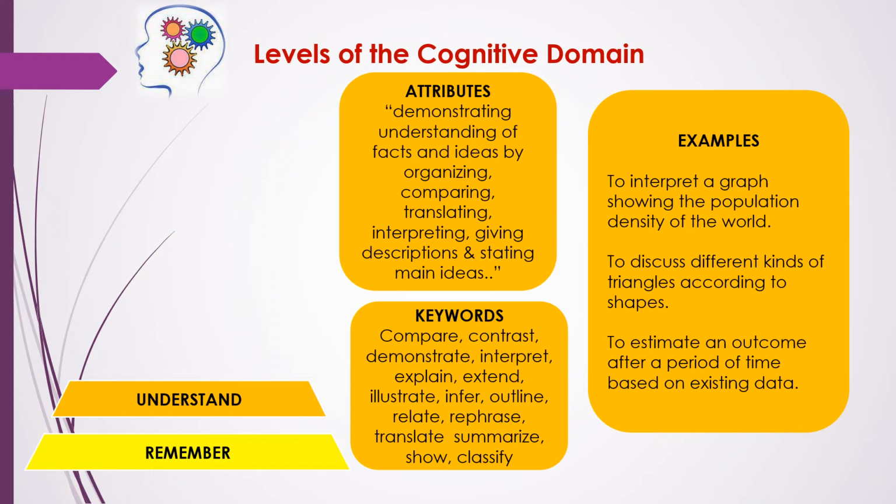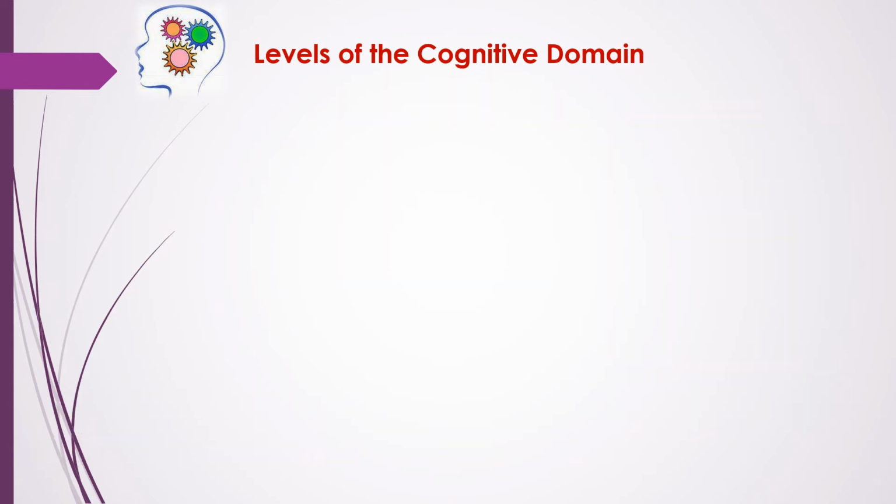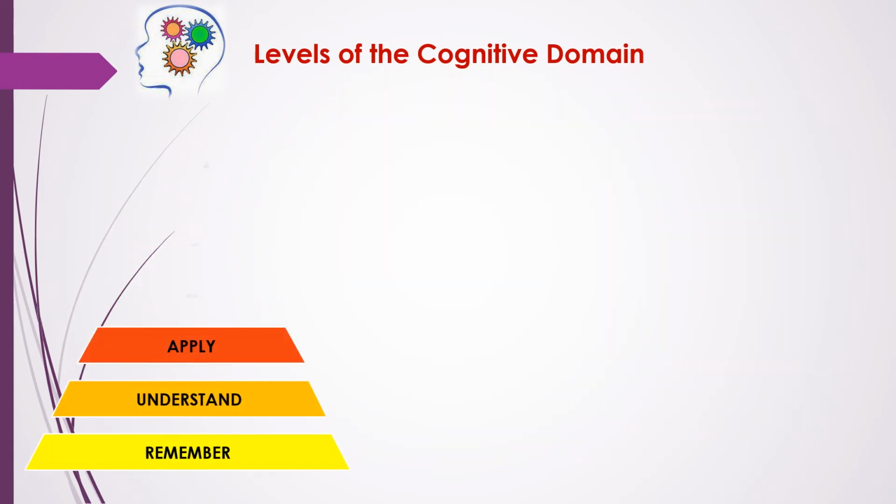So you need to be careful, but mostly the keywords that are stated in this level are understanding level. No? Okay, so next, applying or application level. No? So this is the third level of thinking skills.